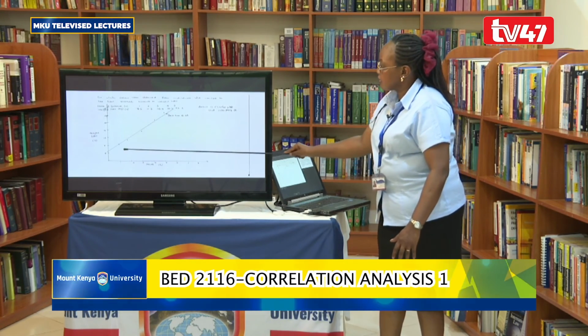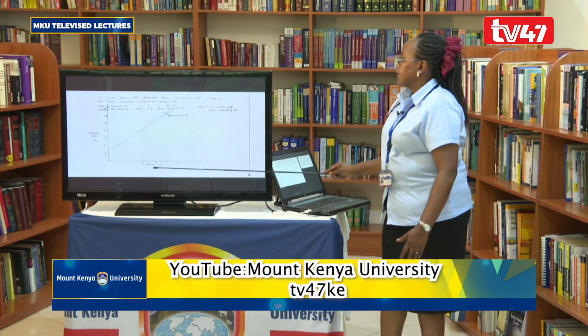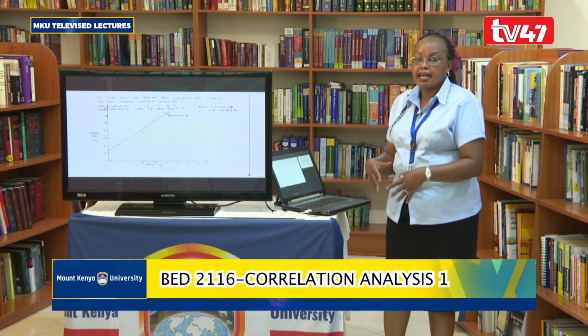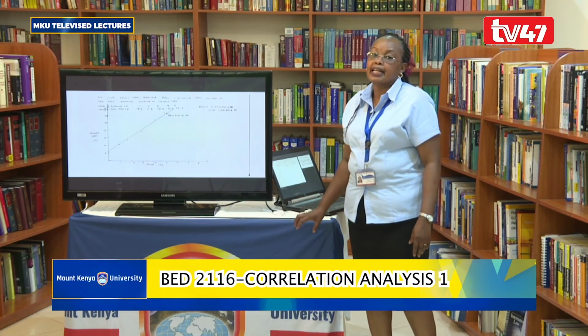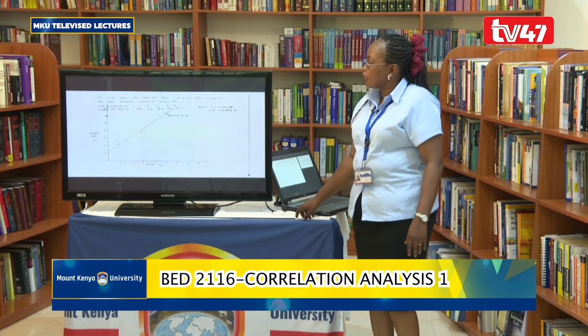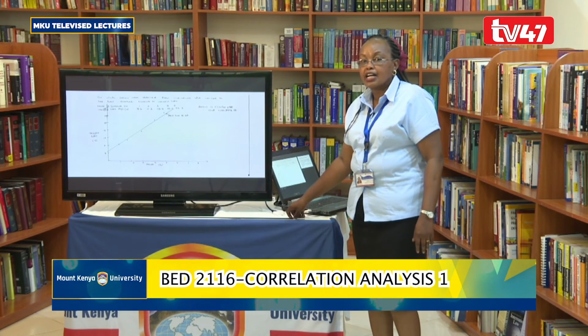But if it is positive, going up. The other thing we need to see is that this best line of fit, as I've indicated, is what we call a regression line or a trend line. And later in our lectures, we are going to be able to get its equation or calculate its equation and use it accordingly.